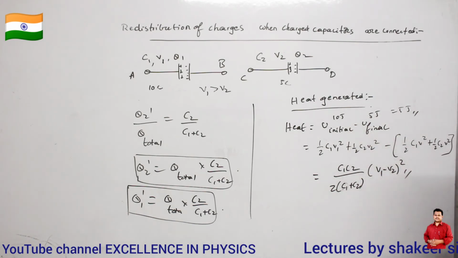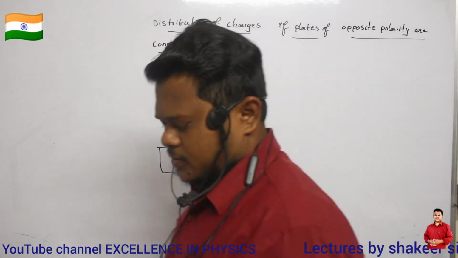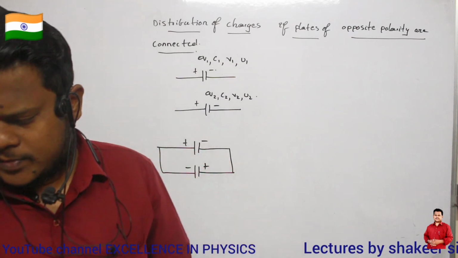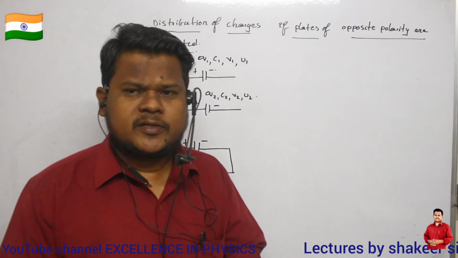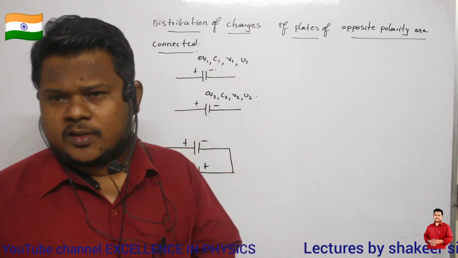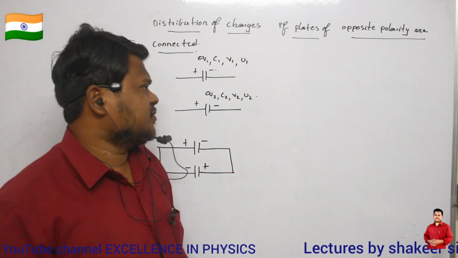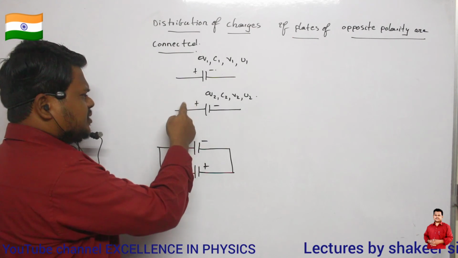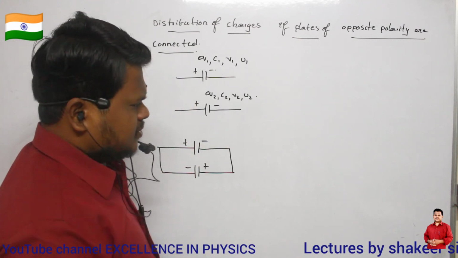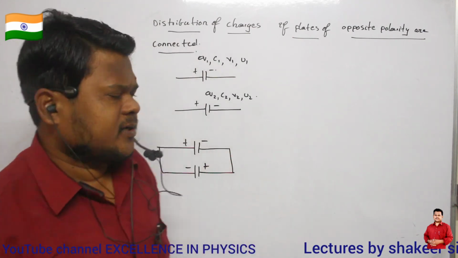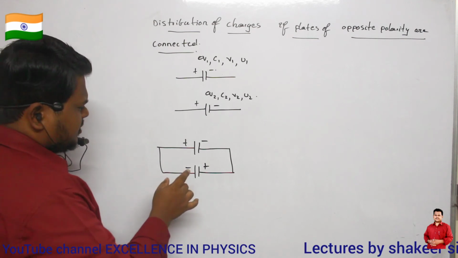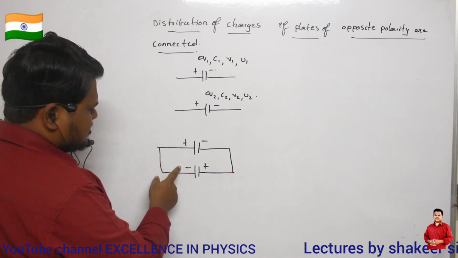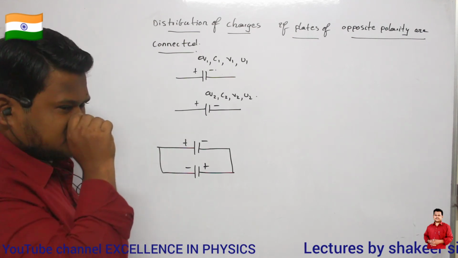Make a note up to here. Then we will continue this. In the last classes, we have studied redistribution of charges if plates of the capacitors are connected to like plates, that is, if positive plate is connected to positive plate. Now we are studying what happens when a positive plate is connected to a negative plate.